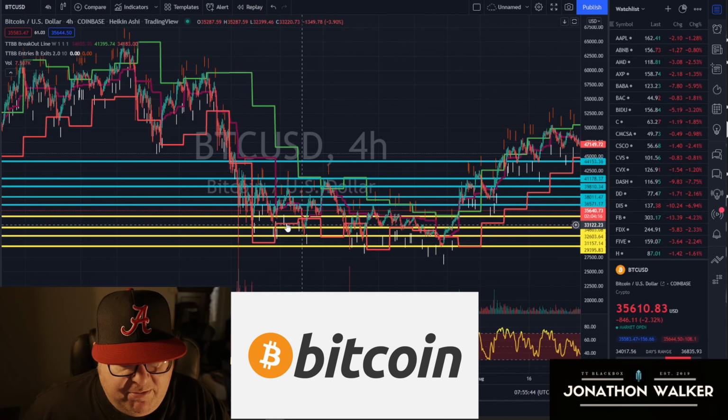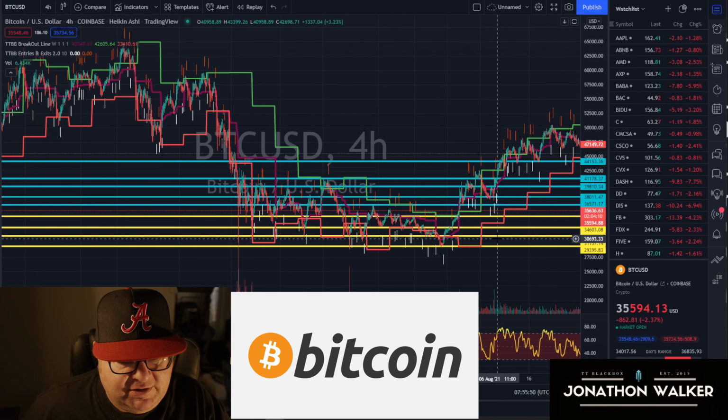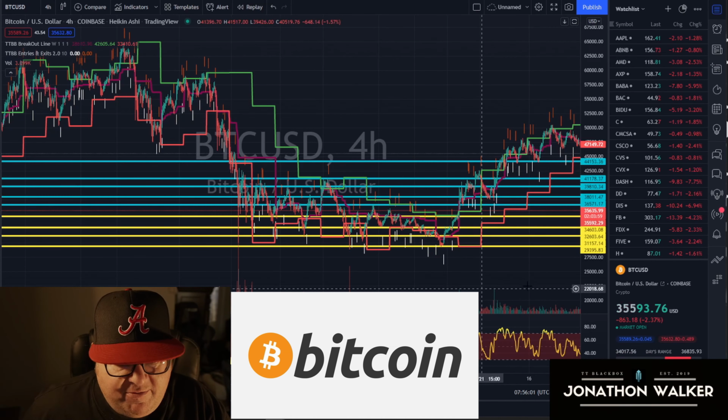When it would break below 32.6, it bounced between the 32.6 and the 31.1 range. And then when it broke below the 31 range, it would bounce around between the 31 and the 29 range. So that's what I mean by repetitive price action.